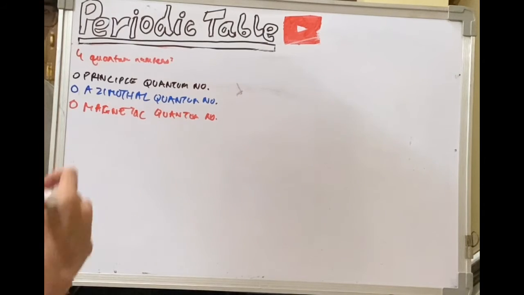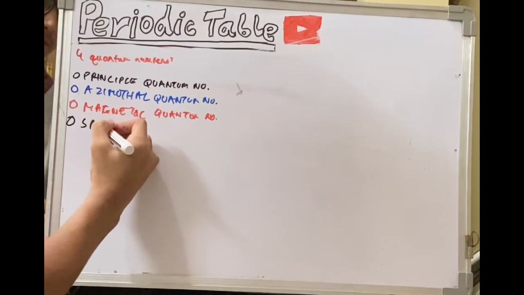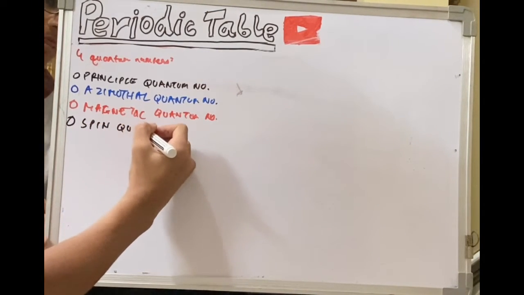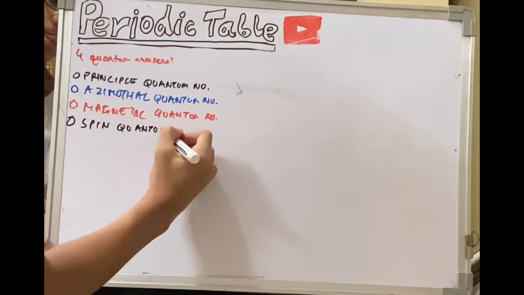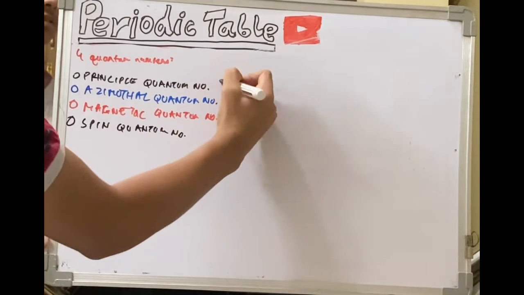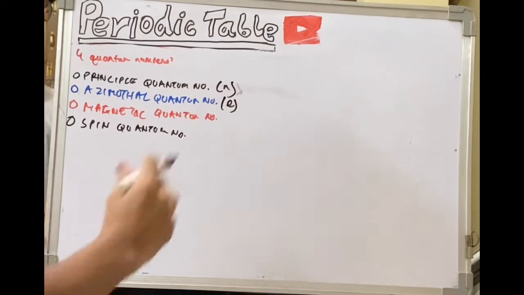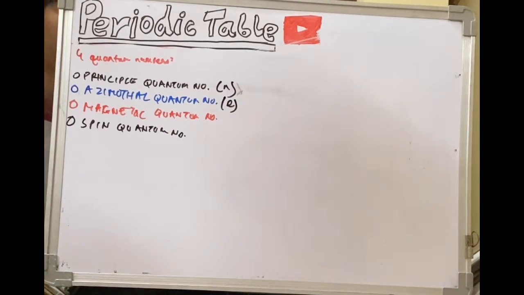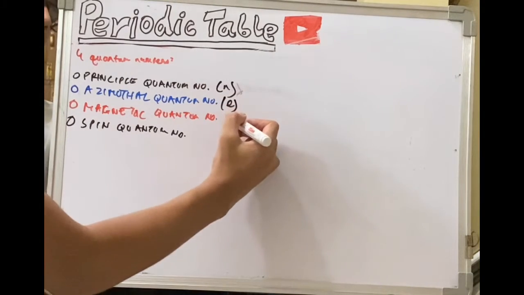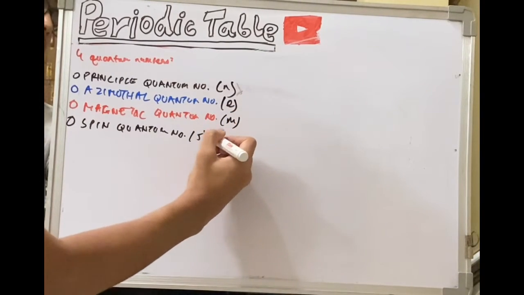And then there is the spin. The principal quantum number is denoted by the letter n. The azimuthal is denoted by l, the same l that we studied before. Our magnetic quantum number is denoted by m, and spin by s.